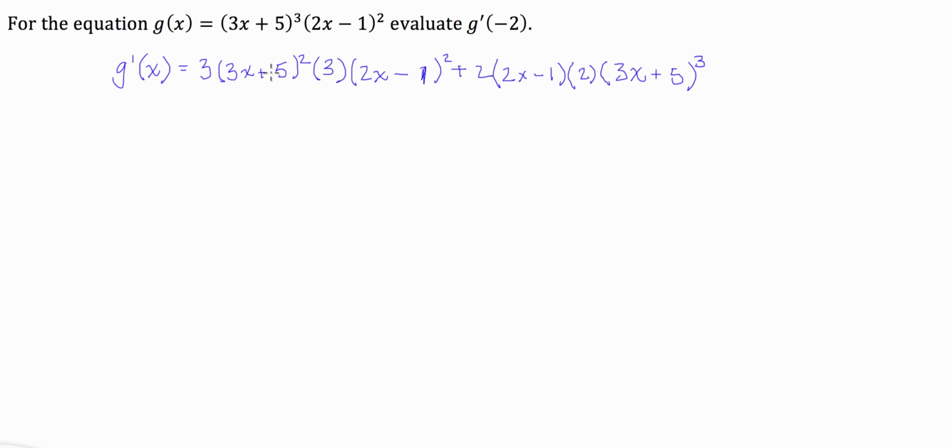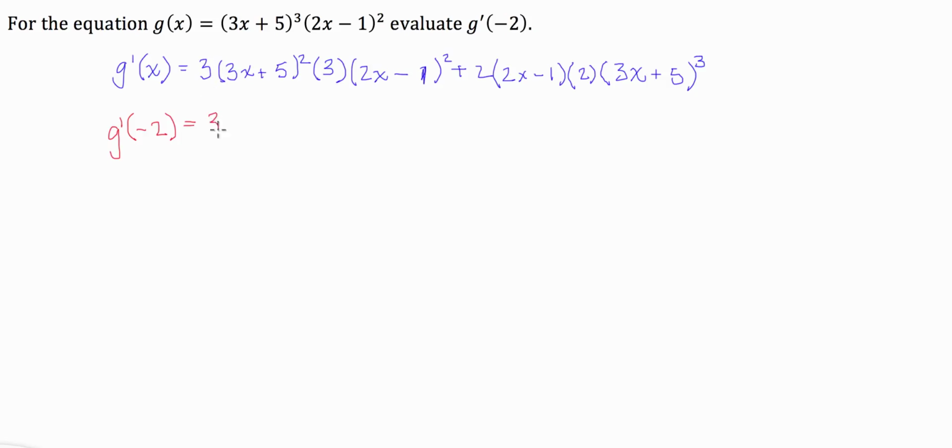Now, what we then have to do is figure out what g prime of -2 is. So, what we do here is we plug in -2 for where the x's are. Now, to save me writing out this monster equation, I'm going to just plug in the -2 as we go.